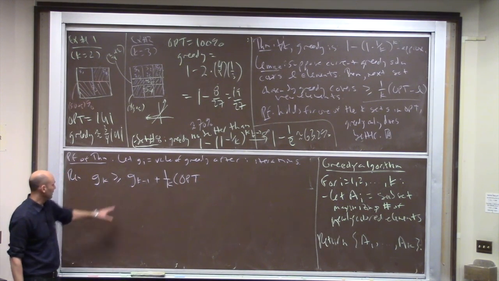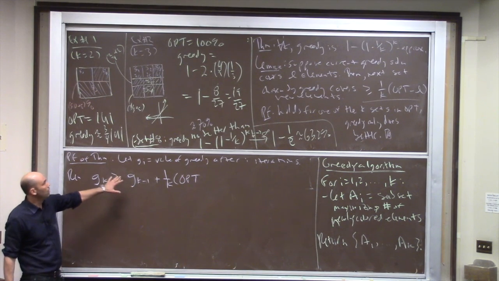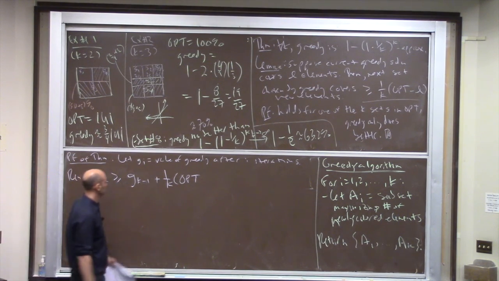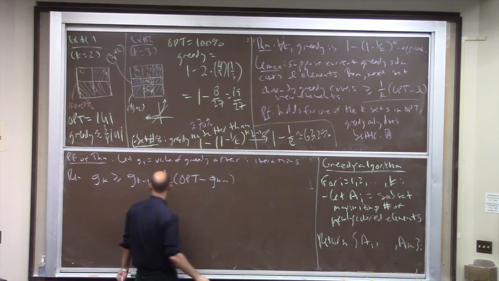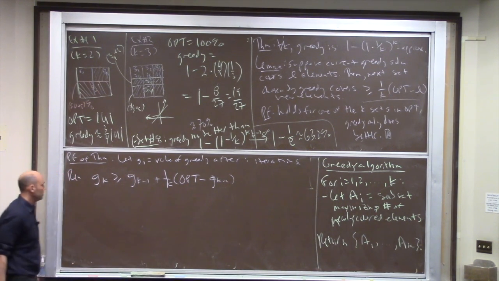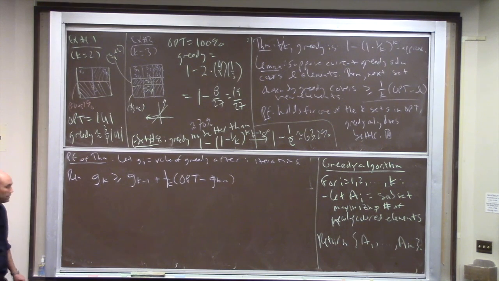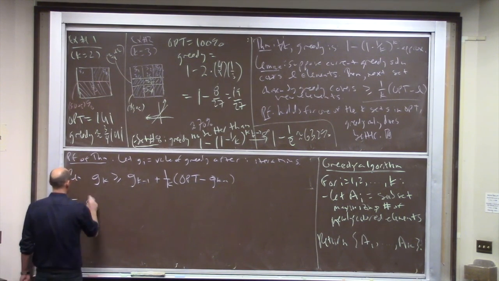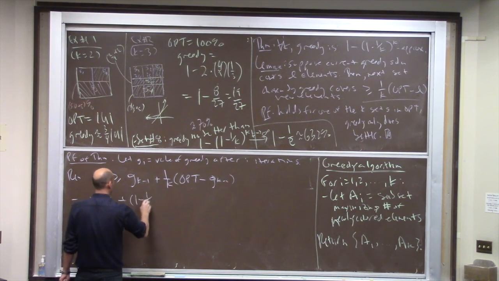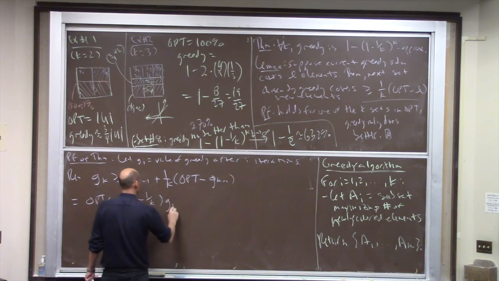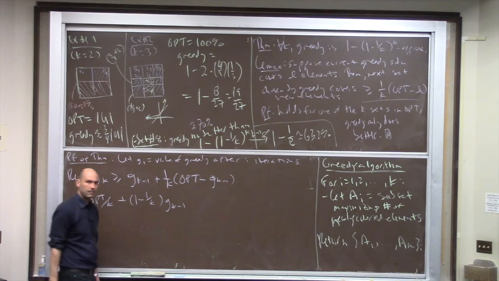L conveniently is just G_{k-1}. So this is using the lemma. Also known as opt over k plus (1 minus 1 over k) times G_{k-1}. Okay?